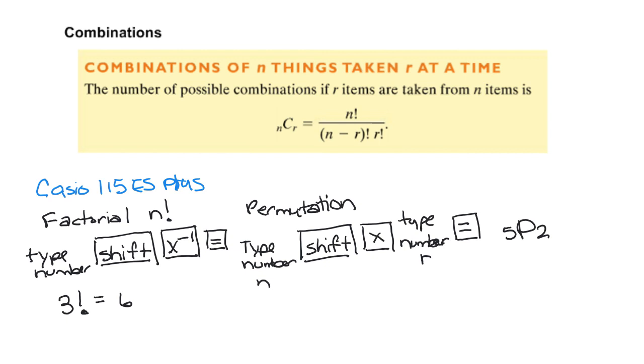Now, with regards to the combinations, it is similar to using the permutations. Instead of the multiplication key, we are going to use the division key. So I'll just make a quick note down here. Type your number.